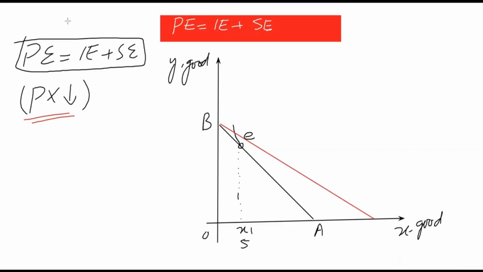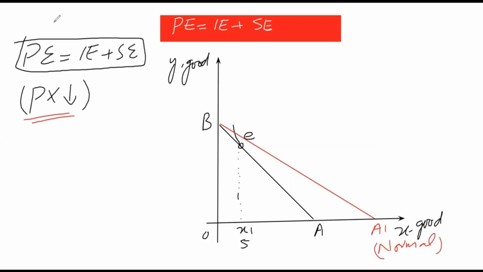Fall in price of X shifts the budget line from BA to BA1, which shows that the purchasing power of the consumer has increased for X good, and X is considered a normal good.